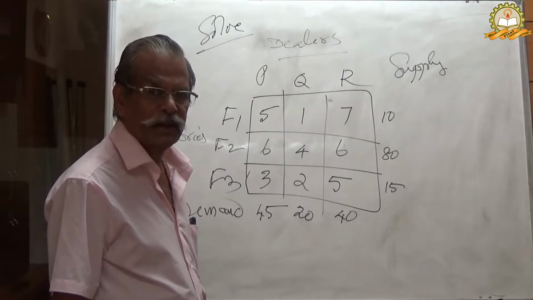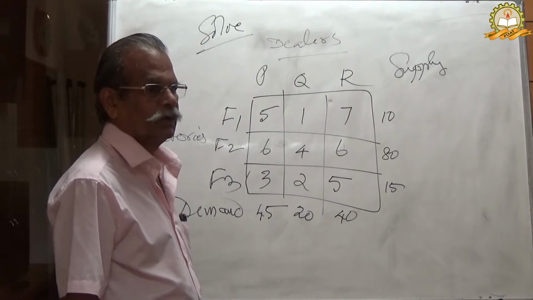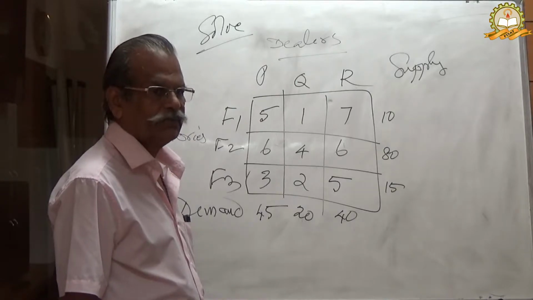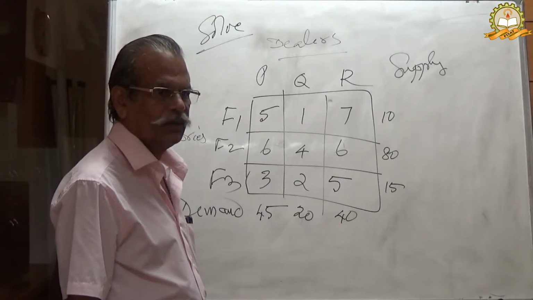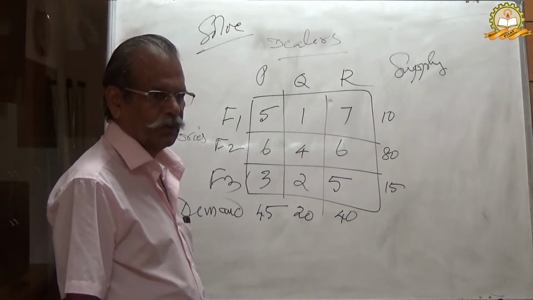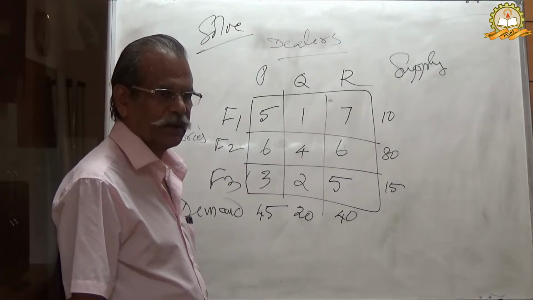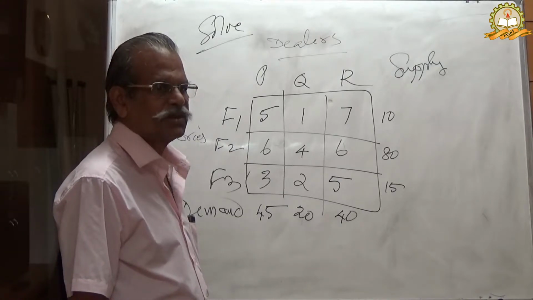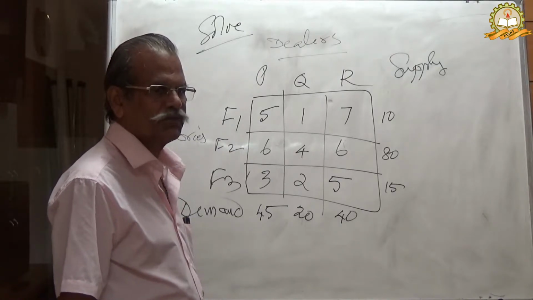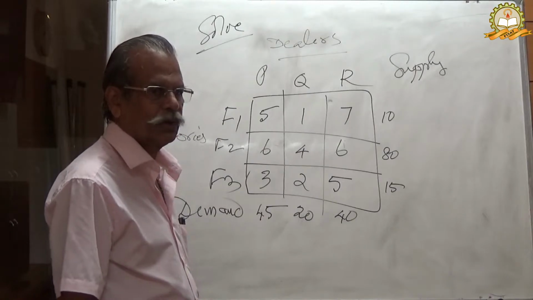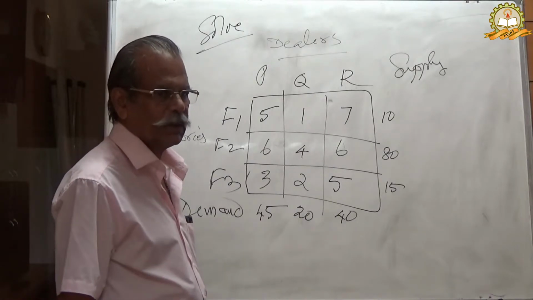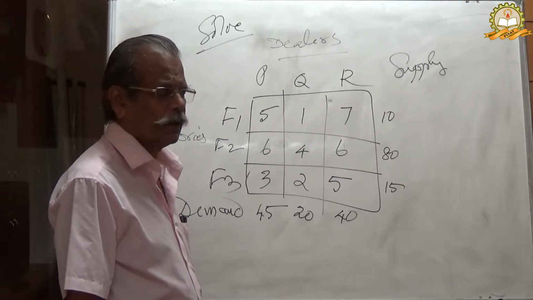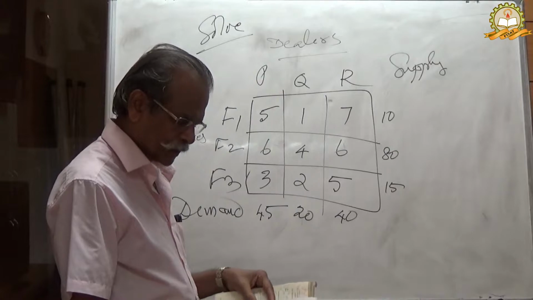We find the penalty. We note the highest penalty and the lowest cell value in it. We find the highest penalty and the lowest cell value from that specified highest penalty row or column, as the case may be, and give maximum allocation to that particular cell.